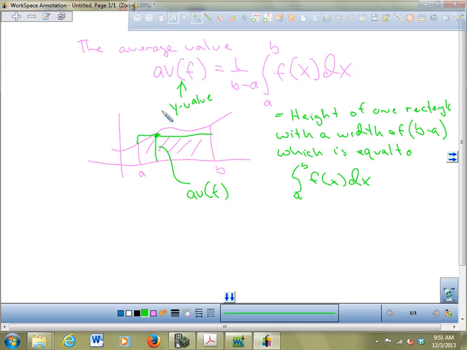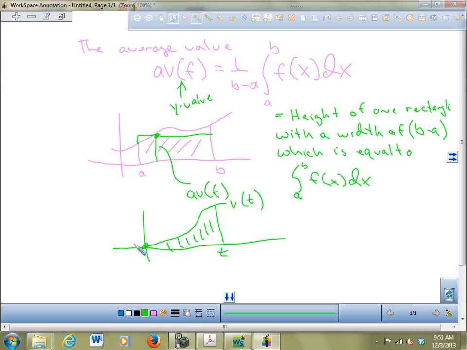Like say you're a rocket scientist, and you want to figure out what's the average speed of your rocket. Well, you could graph the velocity function, and you can see that your rocket's going faster, faster, faster. Maybe it levels off at some point, right? If this were a velocity function, what would the area underneath that curve represent?